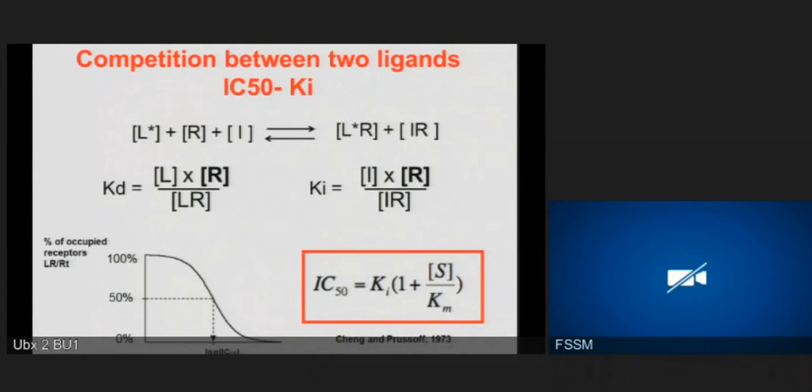And what are you doing with those compounds? Now you synthesize those compounds on purpose, and you have to select them. It means you have to select those which have the best profile.